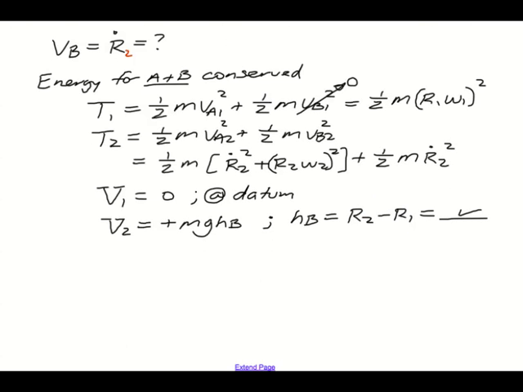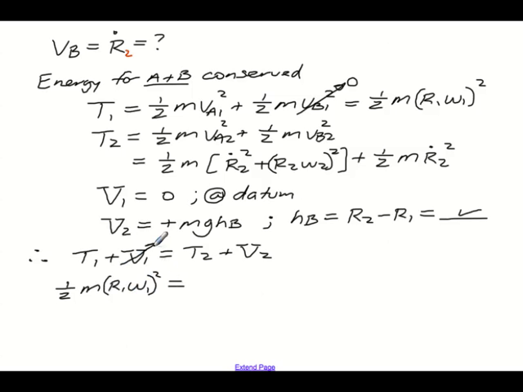So since energy is conserved, T1 plus V1 is equal to T2 plus V2. So that's T1. We said that V1 was 0 because B starts out at the line that I chose for my datum position.